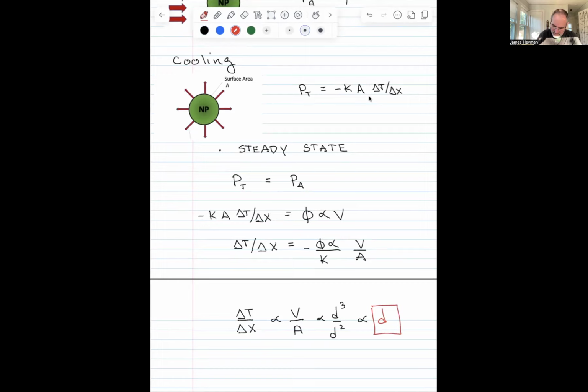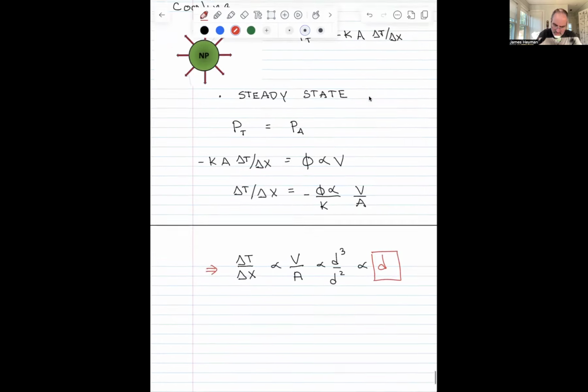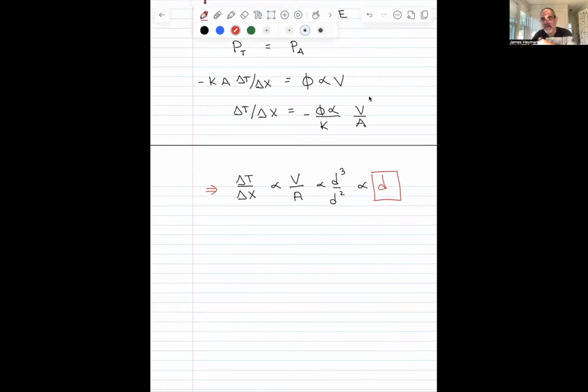So there is a scaling law. We can maximize this temperature differential, which tells us how much we can heat the tumor without heating the surrounding tissue too much, by maximizing the size of the nanoparticles.